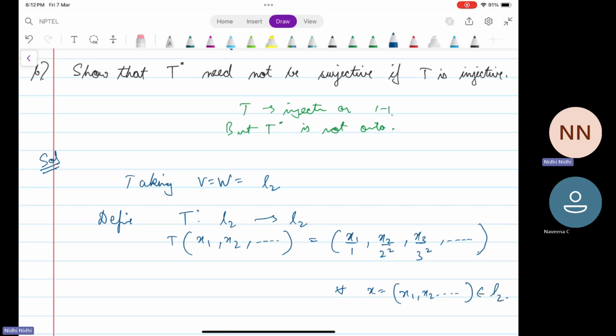Now we'll show that this T is injective, but still T star is not surjective.